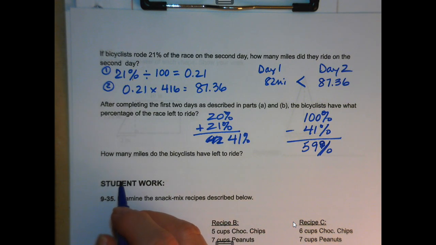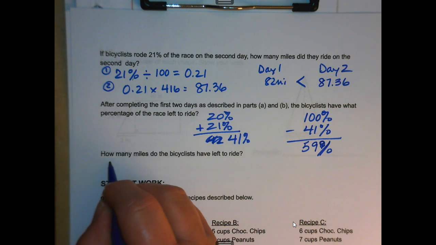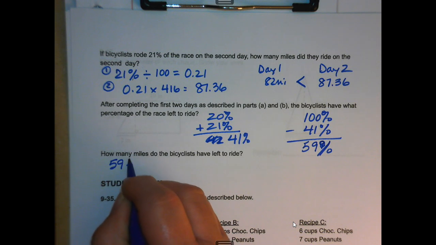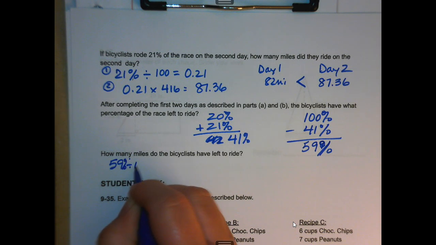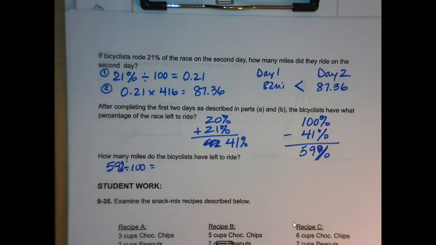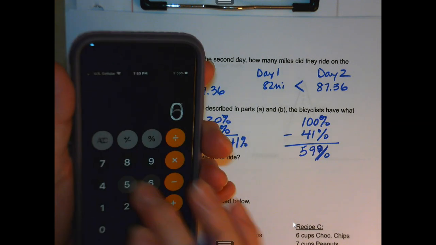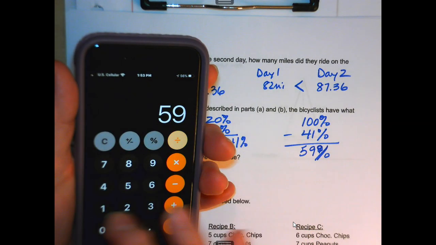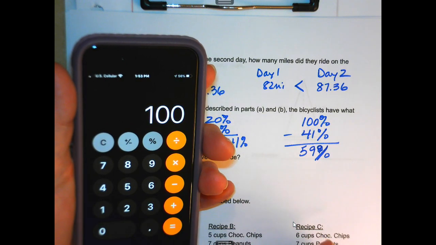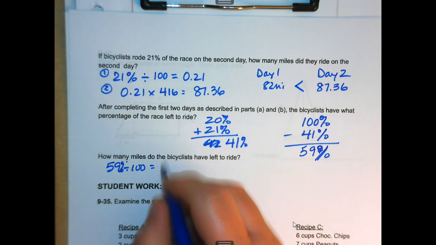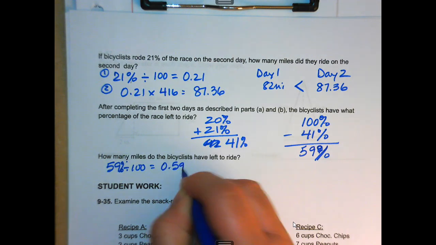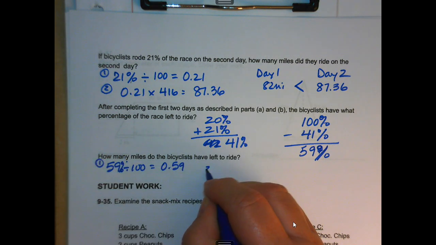A couple different ways we can strategize this. I'm going to go ahead and change 59% to a decimal. Oops, 59 divided by 100. Step 1, step 2.